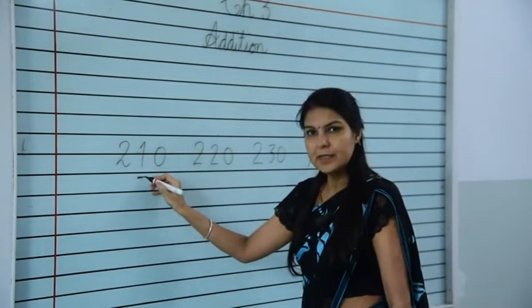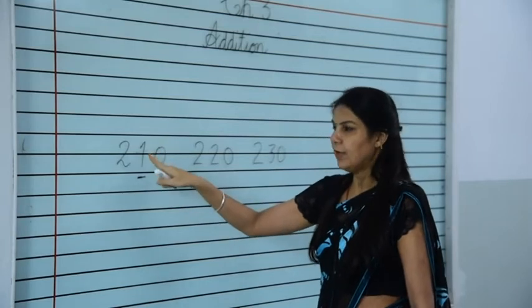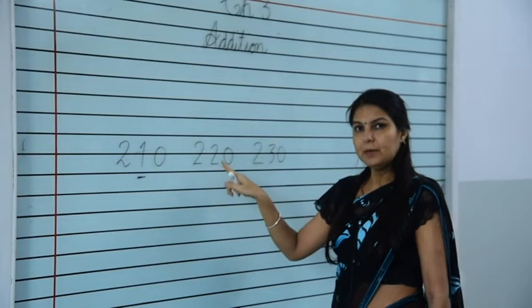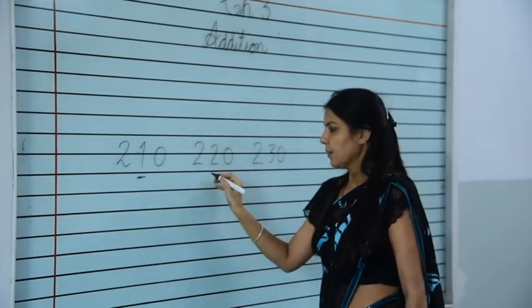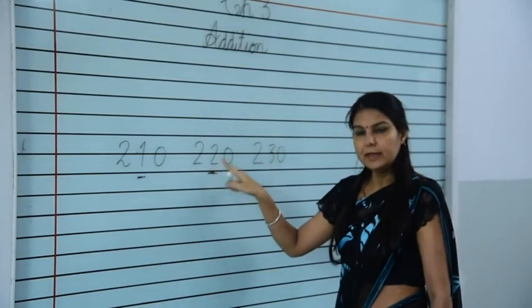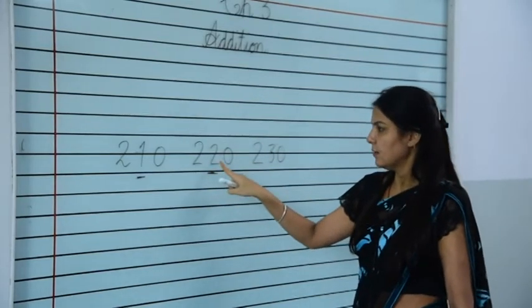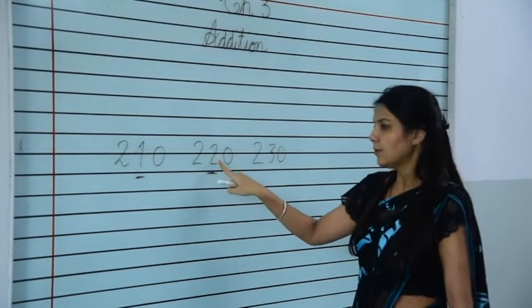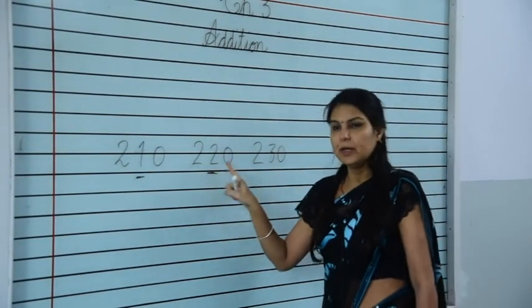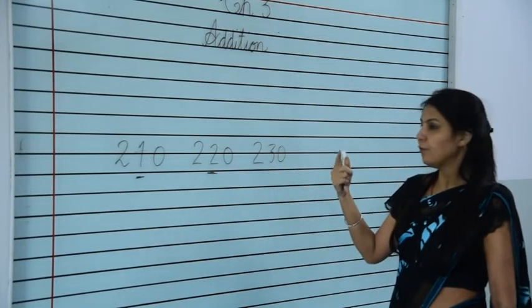Here 1 is at the tens place. So we will add 1 to 1. It will become 2. In the second number 2 will come here. Now we will again add 1 at the tens place. The digit which is given here, 2 is given. So we will add 1 again to 2. It will be 3.